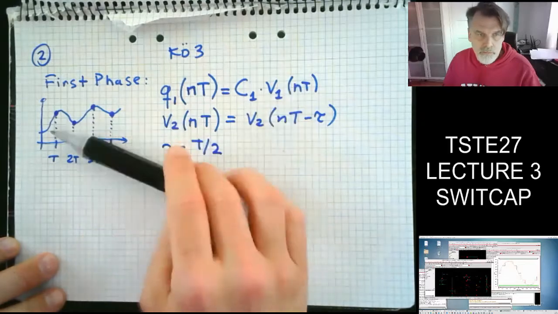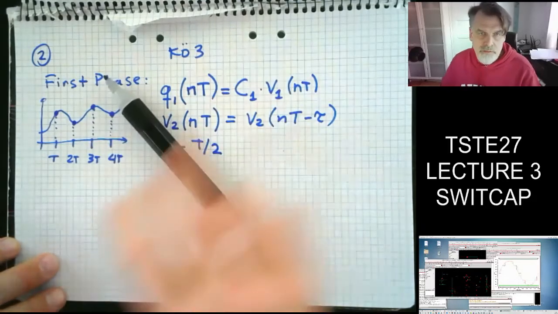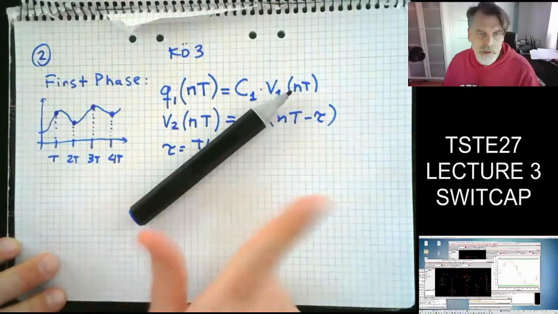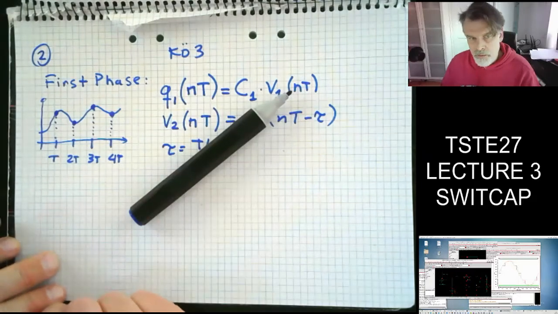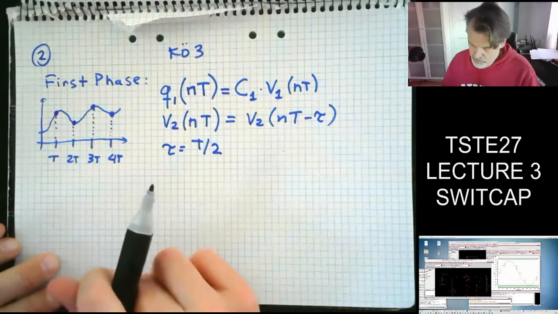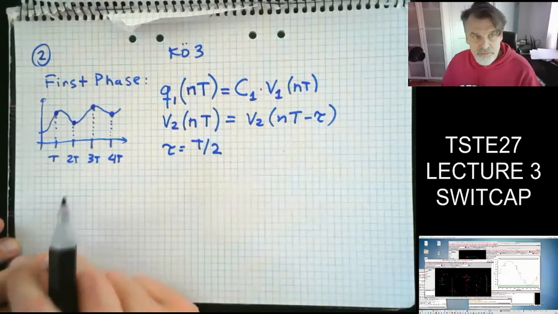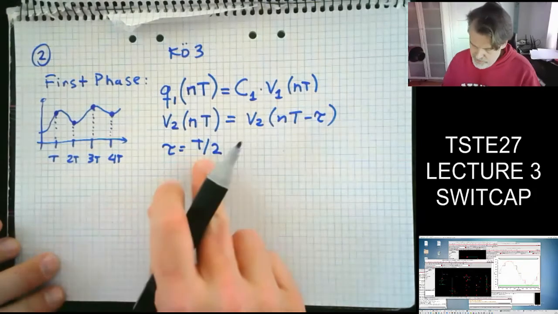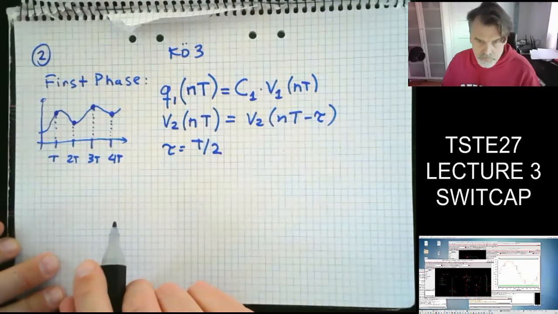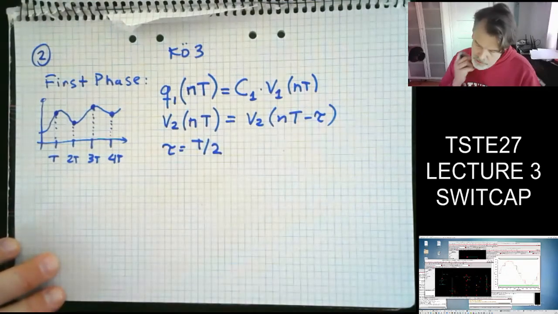Also here, it might not be that we have a 50% duty cycle. It could be that we charge 90% of the time, and then we move to the output 10% of the time. So that's why we use a tau, just in order to be flexible here. But typically half, one would say. And in this particular case, we're going to use T half.